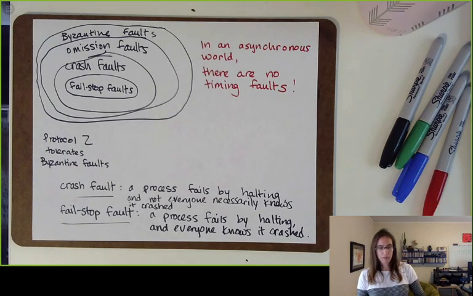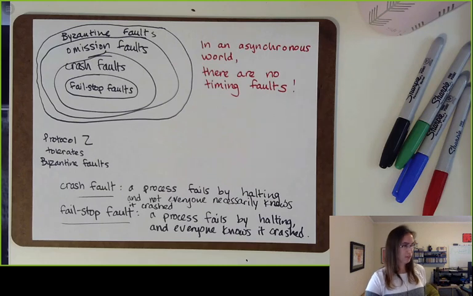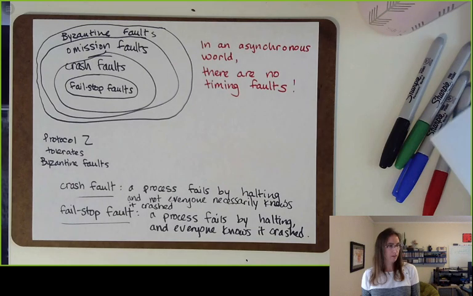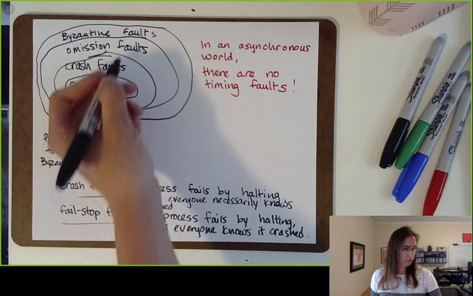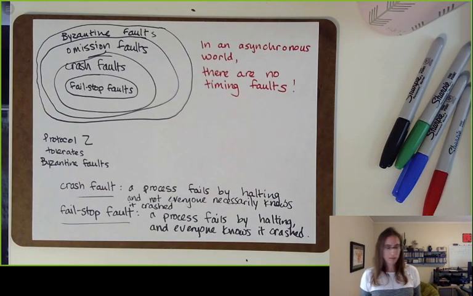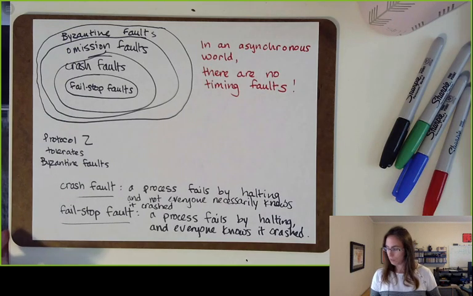Before we get to the two generals problem, I just want to talk really briefly about fault models. I mentioned fault models, but I didn't really define what a fault model is, other than to tell you that it's something that tells you which kinds of faults can occur. But now that we have all these different nested classes of faults defined, I can somewhat more formally say what a fault model is.